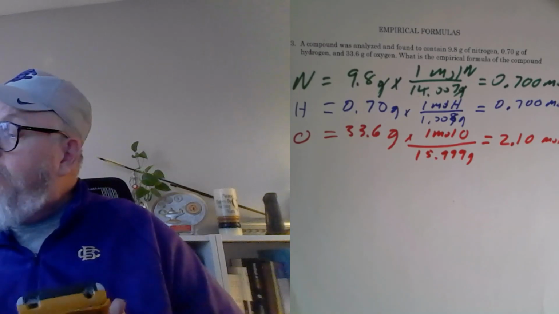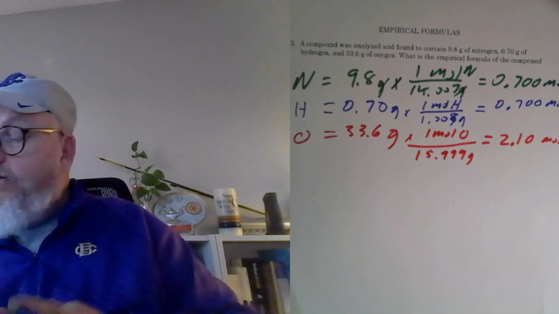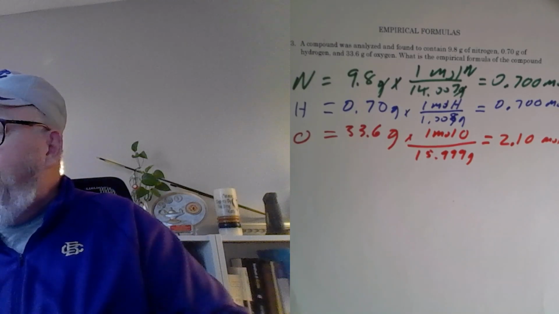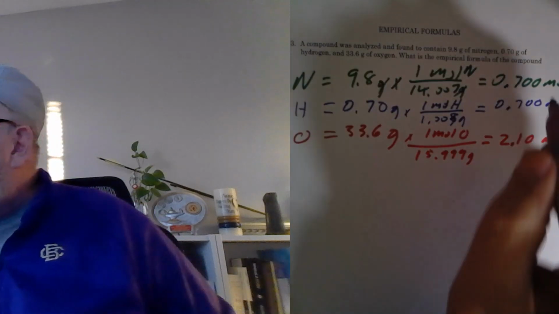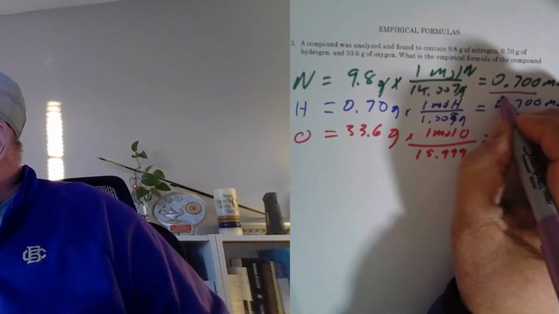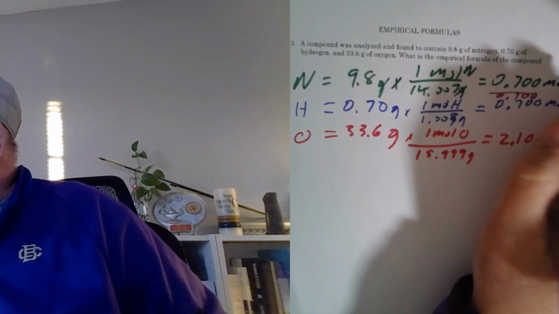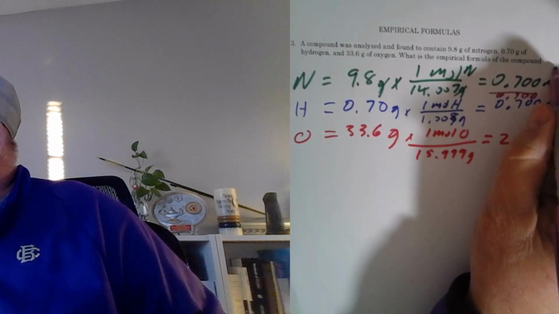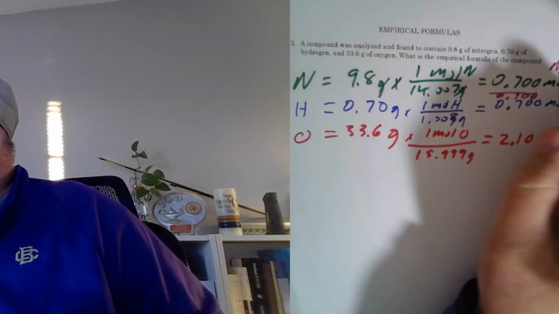So again, I'm trying to get the least whole number ratio. Those are about the same, but I need to divide by the smallest number of moles, which in this case is 0.700. That'll give me a number of 1, so I've got 1 nitrogen.